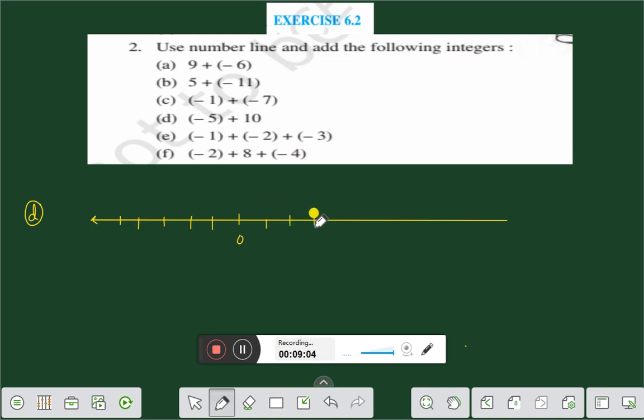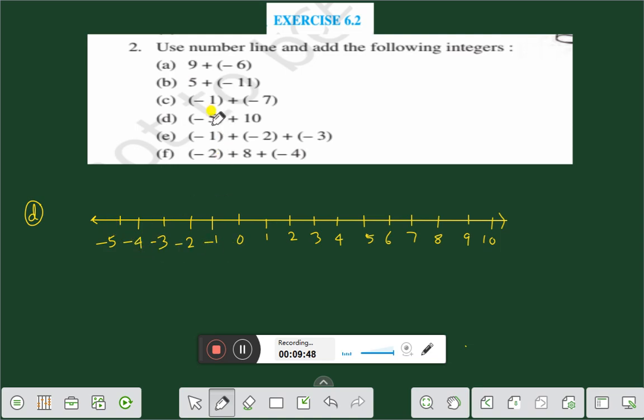Then 1, 2, 3, 4, 5, 6, 7, 8, 9, 10. This is the arrow. And this side is minus 1, minus 2, minus 3, minus 4, minus 5.